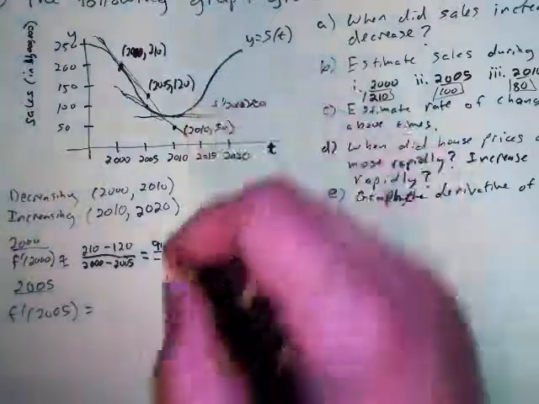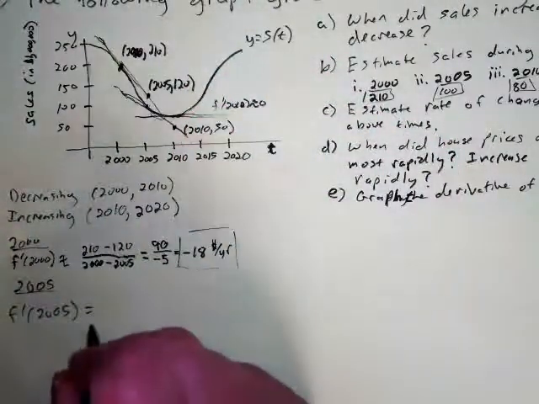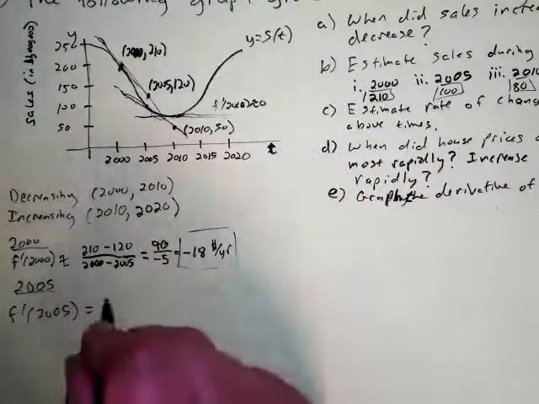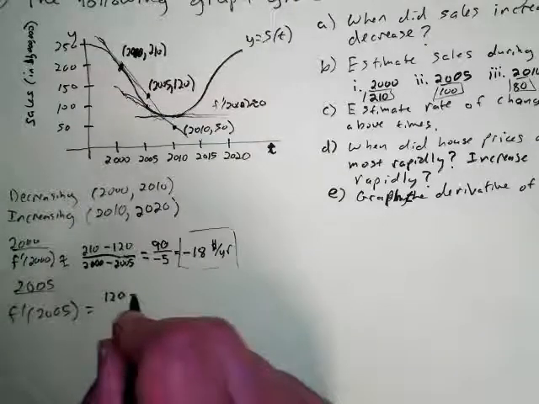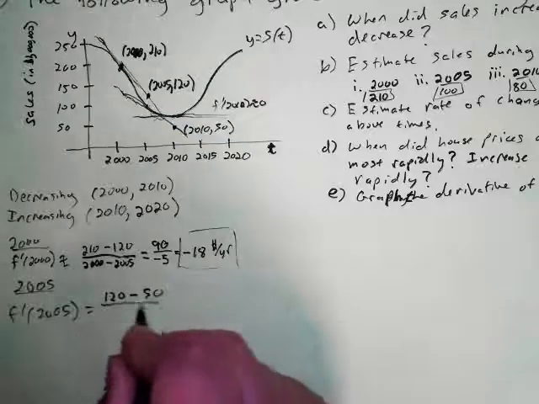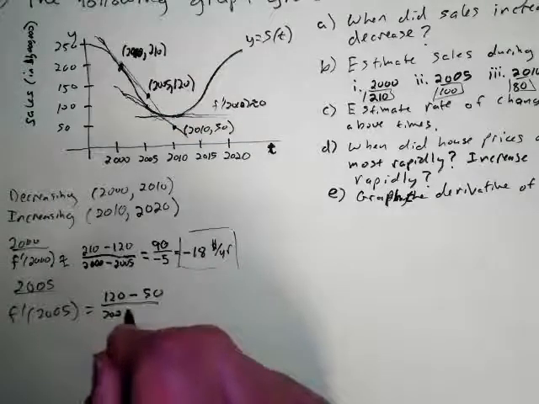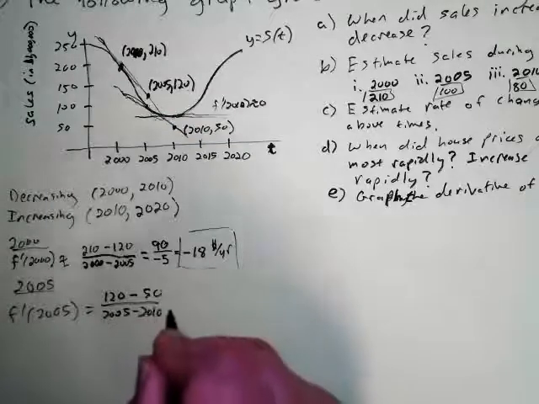So using these two ordered pairs, I could do 120 minus 50, and then 2005 minus 2010.